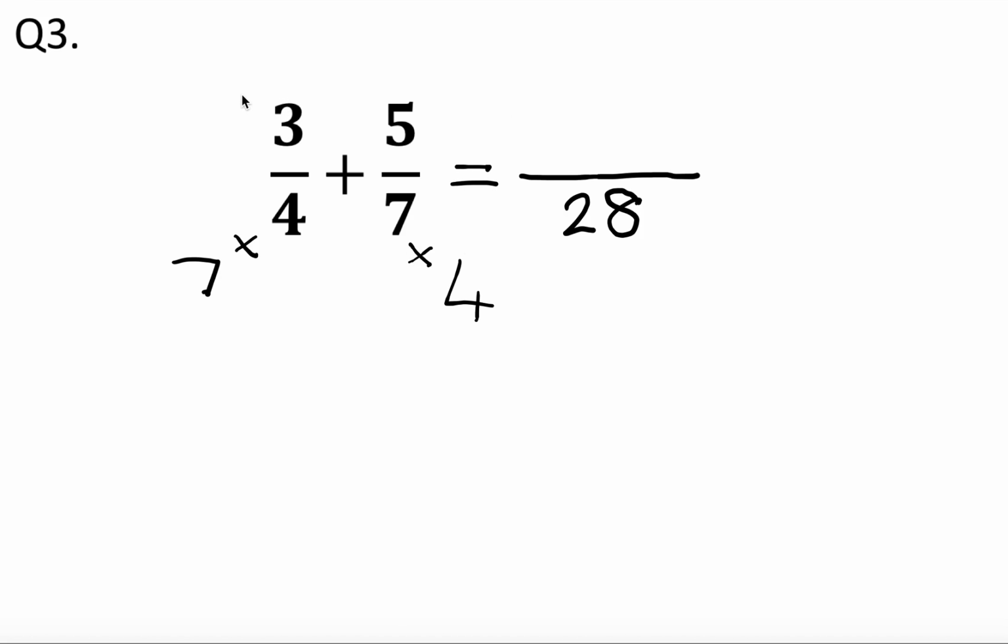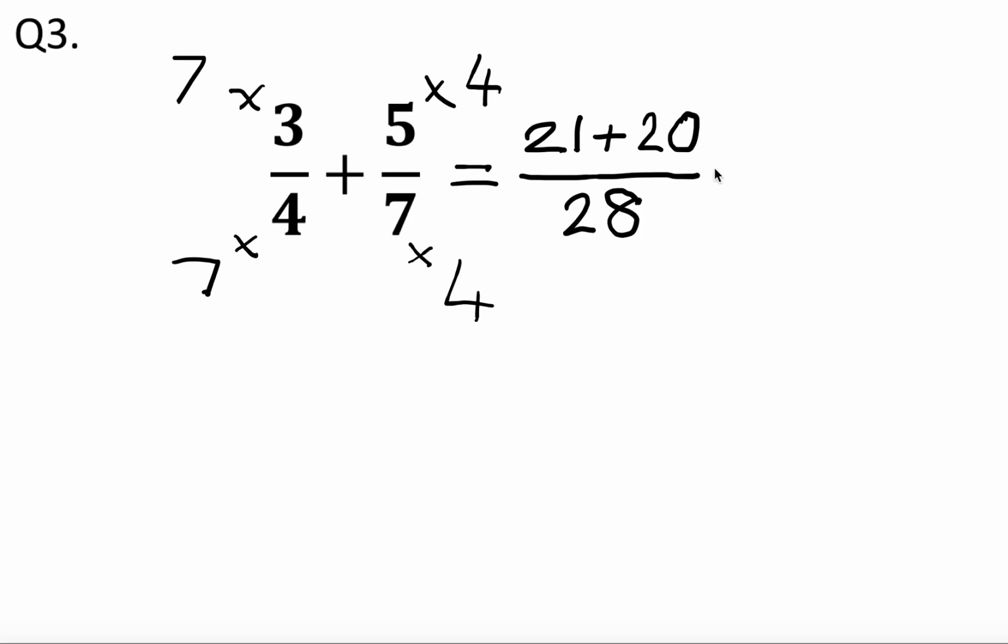So we've multiplied the 3 over 4 by 7, so we're going to have to do the top by 7. So 3 sevens are 21. And plus 5 times 4, 5 fours are 20.